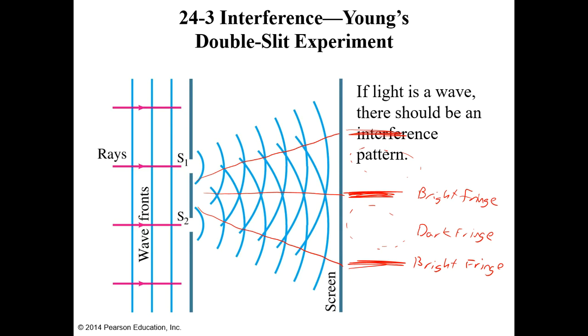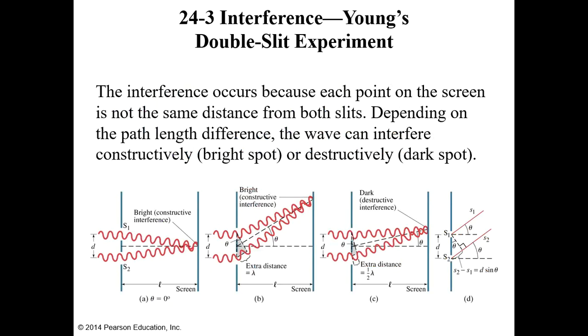So if light is a wave, this is what you would see. But if light were just particles, you would just see the two bright bands from the slits. Thomas Young did the experiment. This is what he saw, proving once and for all that sure enough, light really is a wave.